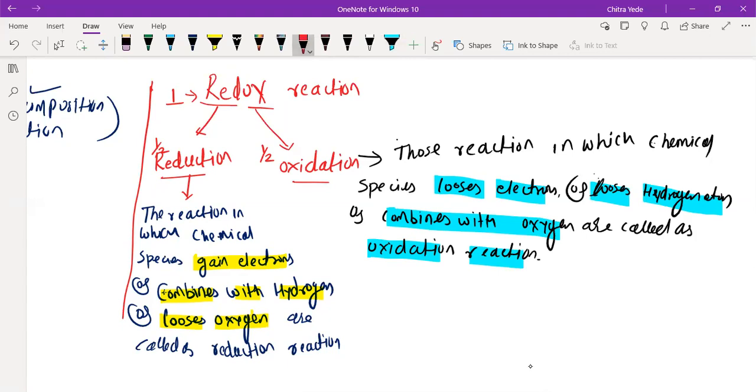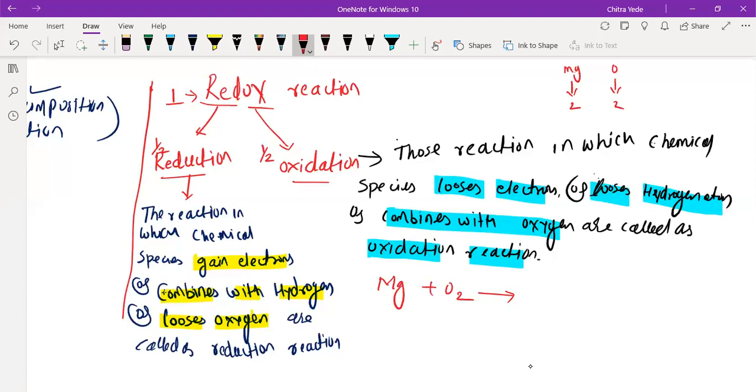Suppose magnesium, Mg, combines with oxygen when we heat magnesium. Magnesium has valency 2 and oxygen again has valency 2. So both atoms have the same valency.